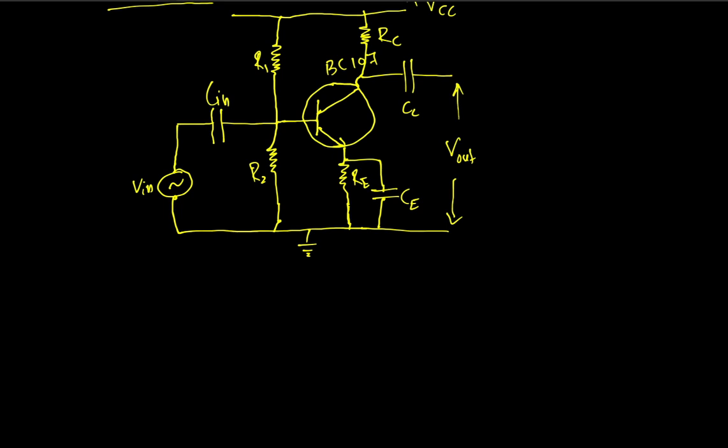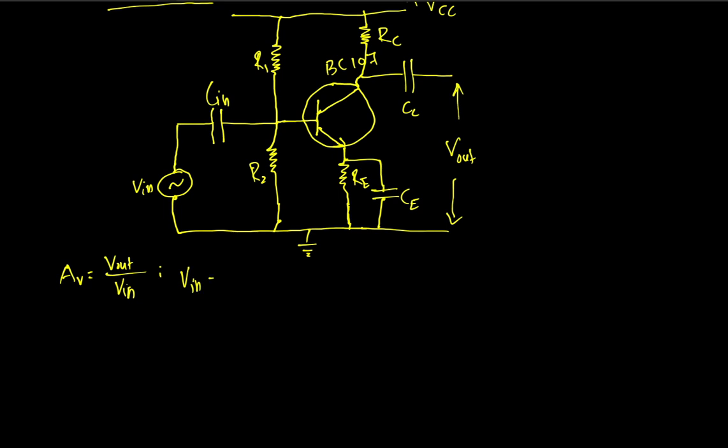So we have to note down the gain of the transistor amplifier with variations in the input frequency. To get the gain, we know the gain of a transistor amplifier is given by Av is equal to Vout by Vin. So we have to note down all the output voltages.